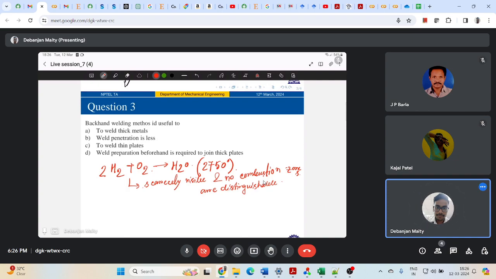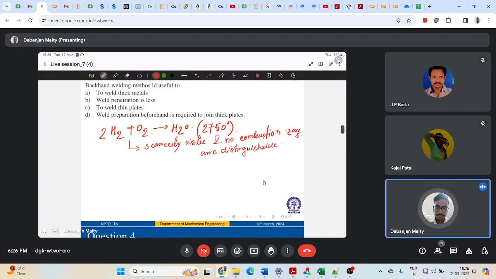Now, in a reducing flame, the temperature will be several hundred degrees lower than that of a neutral flame. And when should we use oxyhydrogen flame? Oxyhydrogen flame is mainly used for welding of aluminum alloys, or if you want to weld some low melting temperature material like lead.